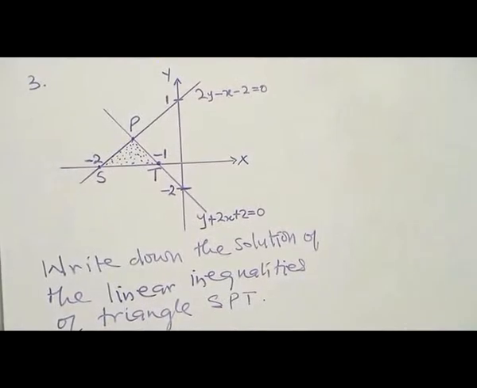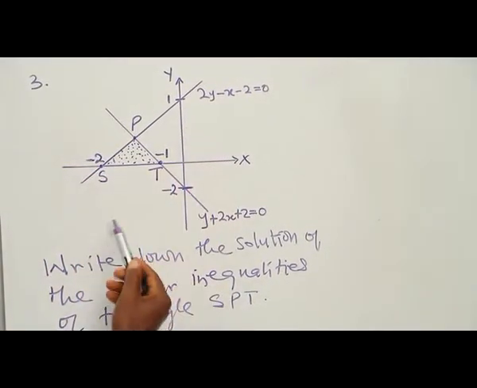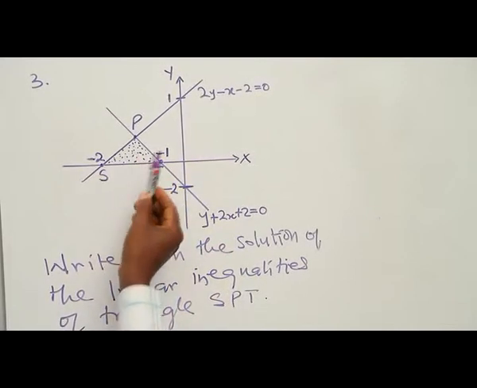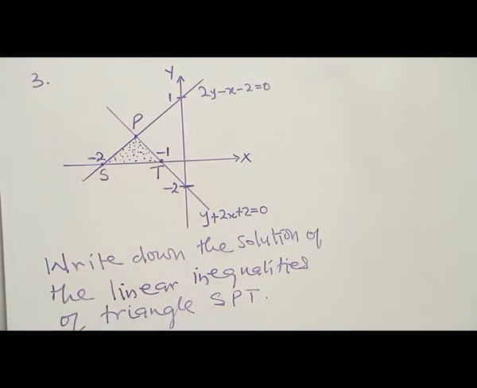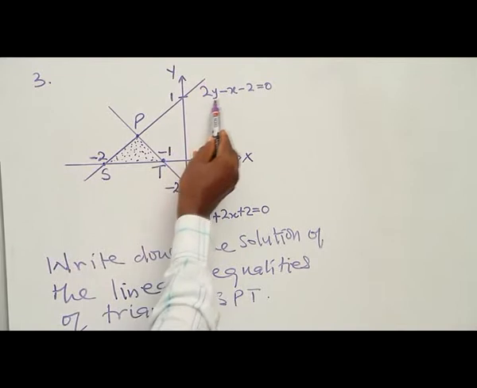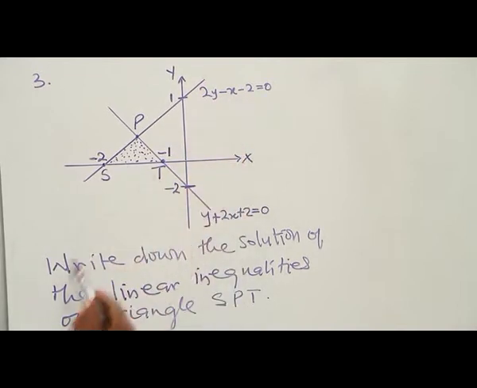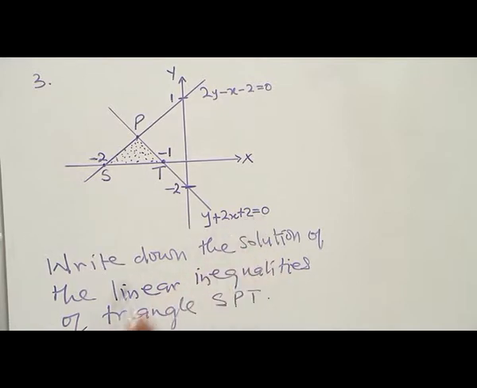Now we'll take a look at another example 3. Here is a diagram for you, and you have a triangle that is shaded or dotted in this case. Now with what you have, this line is 2y minus s minus 2 equal to 0, while this line is y plus 2s plus 2 equal to 0.